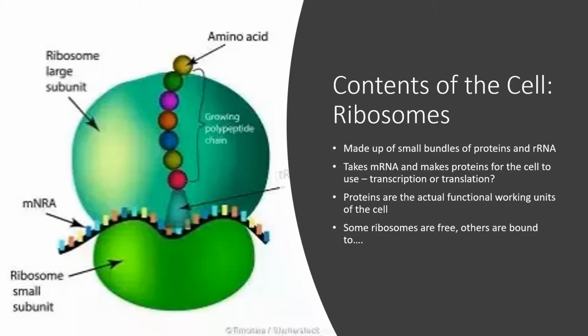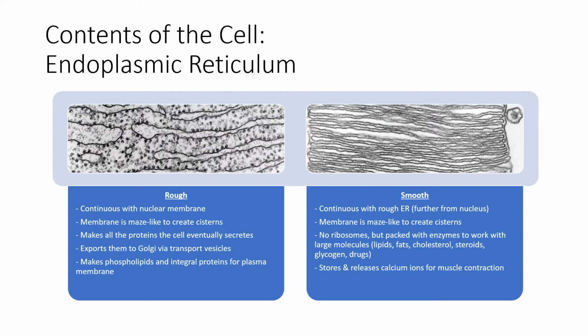Some ribosomes, I mentioned, are free and others are bound to endoplasmic reticulum, specifically rough endoplasmic reticulum. For the purposes of this exam, if you have to write out an answer that talks about endoplasmic reticulum, write it out the first time you mention it, so that I know that you remember what ER stands for.